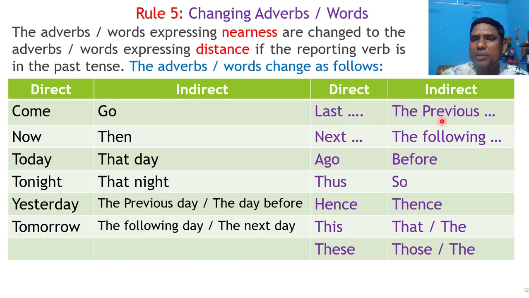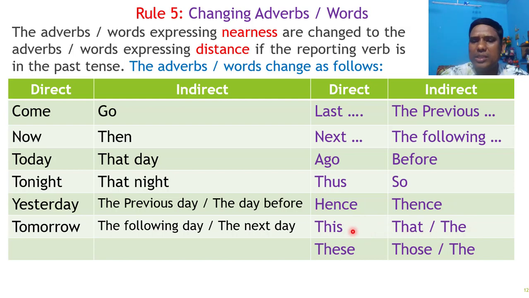last becomes the previous. For example, last night, the previous night. Next becomes the following. For example, next week, the following week. Ago becomes before, thus becomes so, hence becomes thence, this becomes that, sometimes this becomes the.